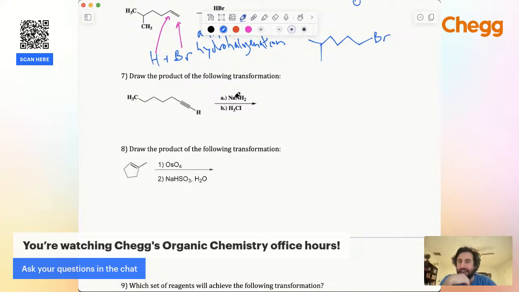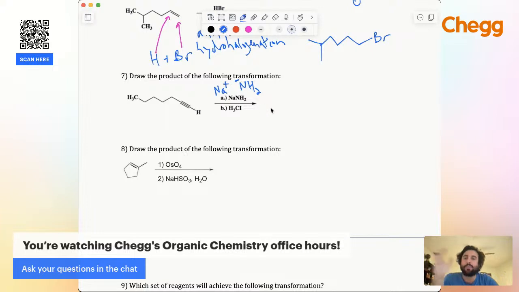NaNH2. What is that? First of all, we definitely have to be able to recognize when things are ionic. This is Na+ NH2-. We can always tell when you have a metal from one of the first two groups, the alkali metals or the alkaline earth metals, those are almost always counter ions to something that's going to act as a base or nucleophile.